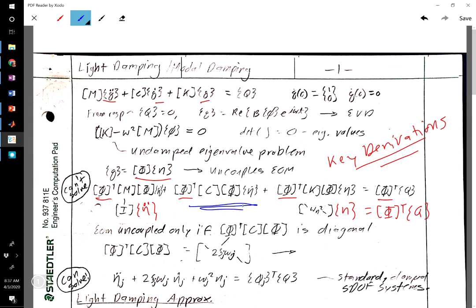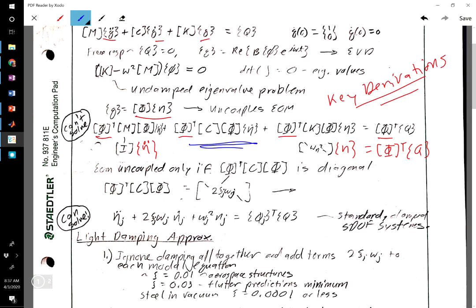What happens here? Well, the equations of motion will only be uncoupled if that matrix is diagonal, or if after multiplying phi transpose c phi, we get a diagonal matrix. So if we do get a diagonal matrix, then looking at the equations here, what we want is for every term on the diagonal to be the corresponding damping ratio and natural frequency.